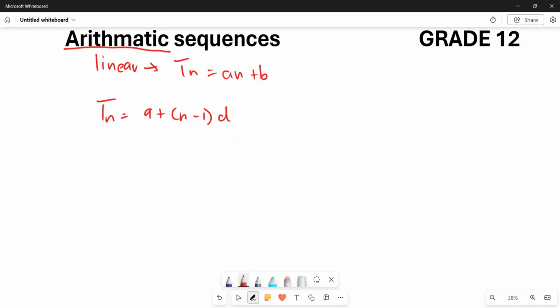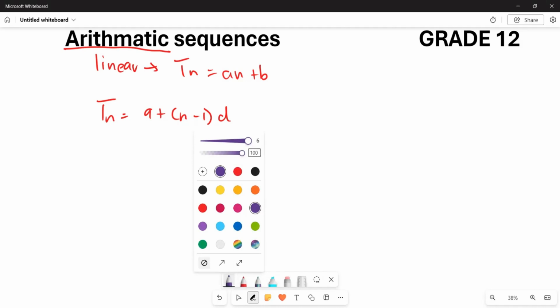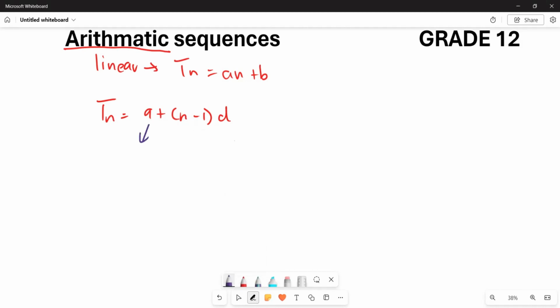Now, what is important to take note of is that this A here represents your first term, the first term that you find in your sequence. The n here represents the position of the term, so it can represent the first, the second, the third position of our term.